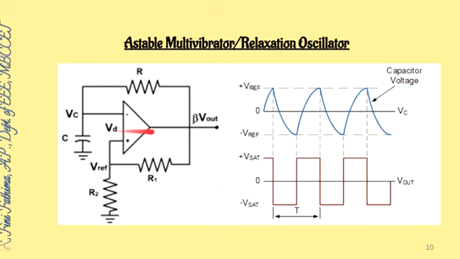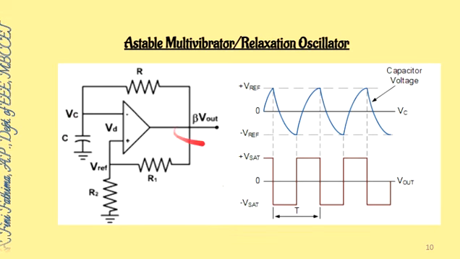So at the first stage, when I am comparing here, the capacitor voltage is 0, but there is a small offset voltage beta VOO. Because of this, the output will remain switched in the plus VSAT state, or the output will be in the positive saturation state, and it will remain in this positive saturation region until the voltage across the capacitor is less than this V reference value.